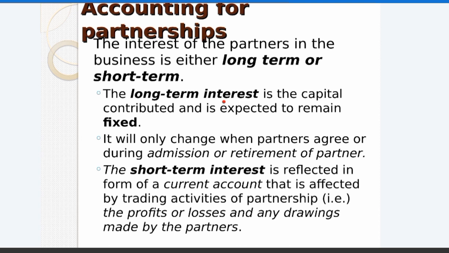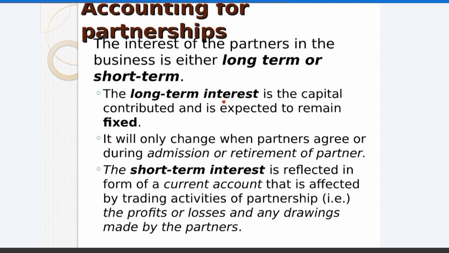Instance number one, when a new partner is being brought into the partnership, so they may decide to change the capital to be contributed. Alternatively, number two is when an old partner is retiring. At that point of retirement, it means that a new partnership is formed, which will warrant a new capital contribution to be decided upon.